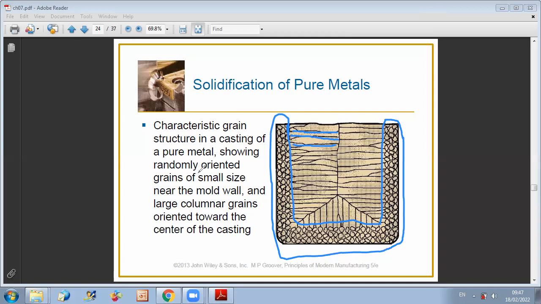It shows randomly oriented grains of small size near the mold wall and large columnar grains oriented towards the center of the casting. This is because in this part the solidification process is taking its time, while here it's more sudden, which leads to random orientation grains of small size. You can see that the size is much smaller compared to the other grains in form of columns.